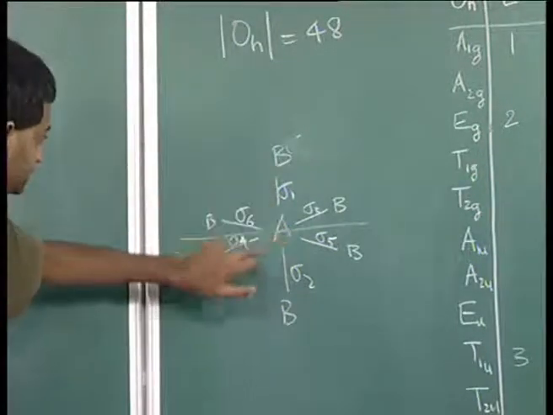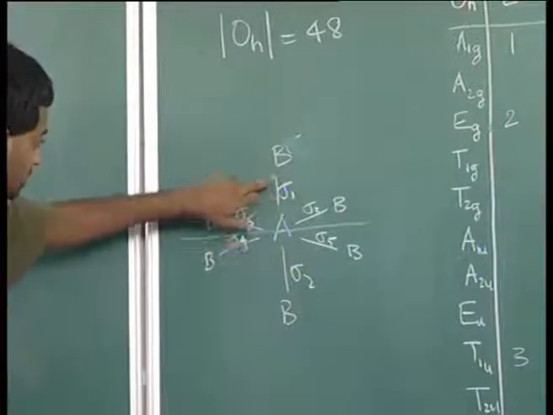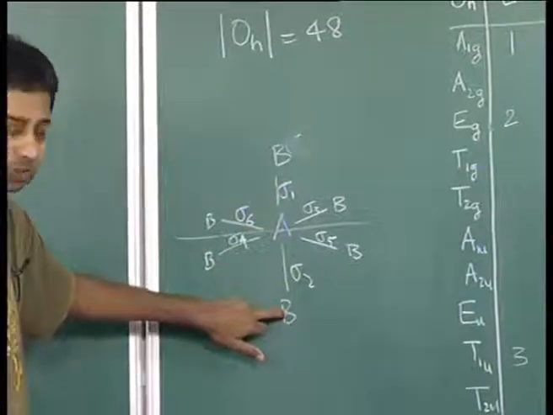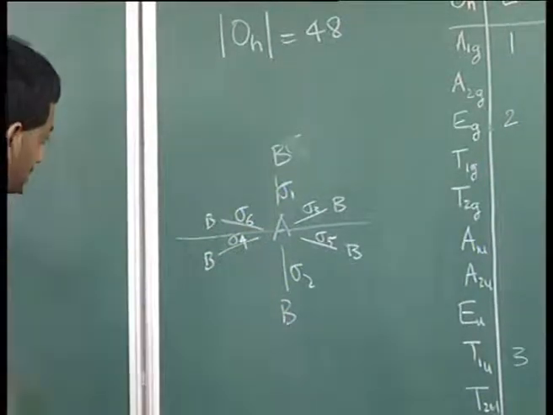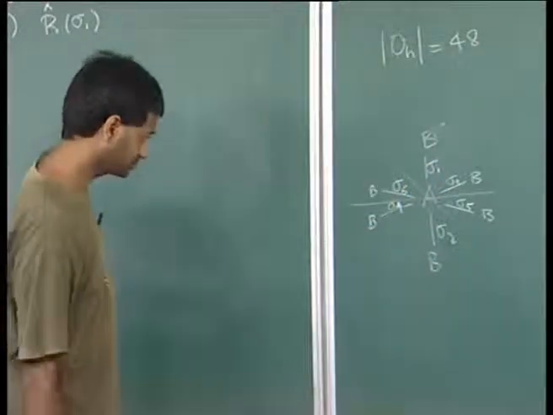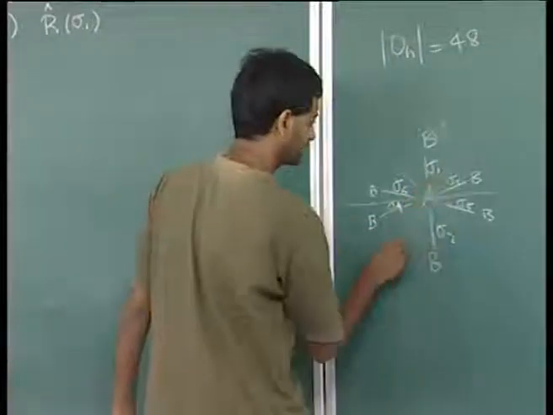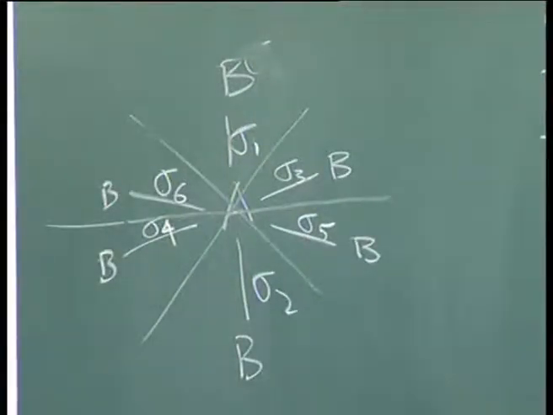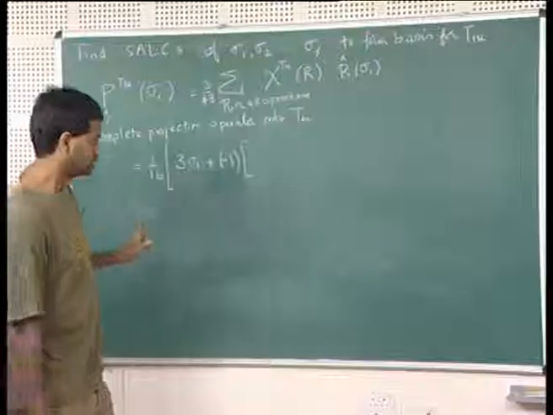Each C2 will transform sigma 1 to something else. If you look at this C2, it will transform sigma 1 to sigma 2. On the other hand, a C2 here will transform sigma 1 to sigma 6. A C2 here will transform sigma 1 to sigma 3, and so on.